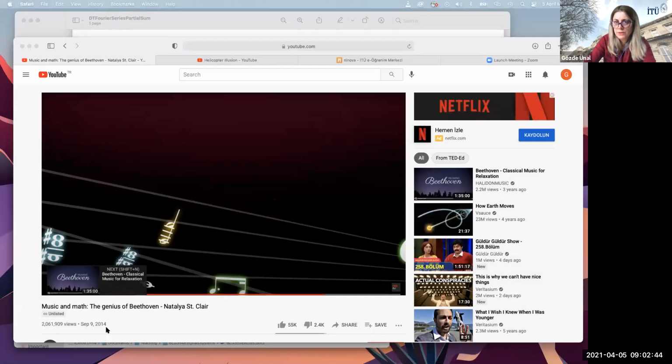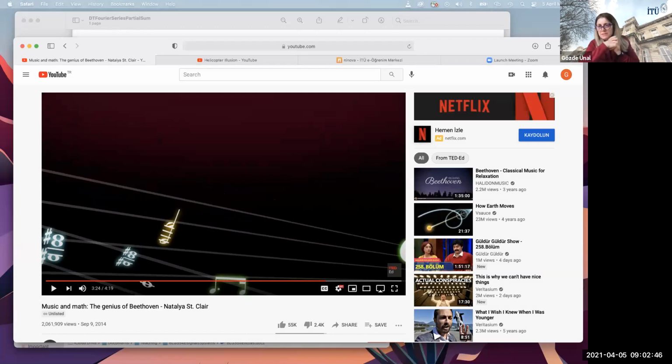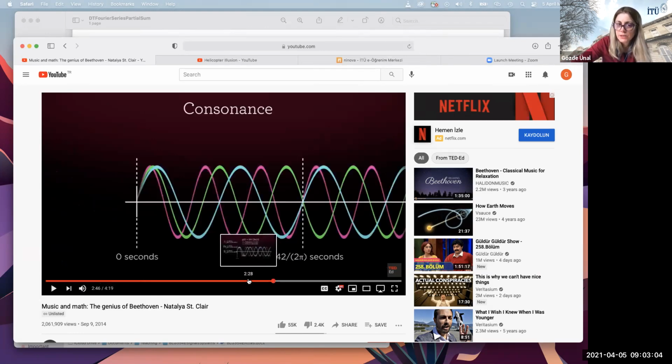So I hope you are also really amazed by this analysis of Moonlight Sonata, one of Beethoven's most beautiful pieces, I think. And you were able to follow here what it's saying about the harmonics.